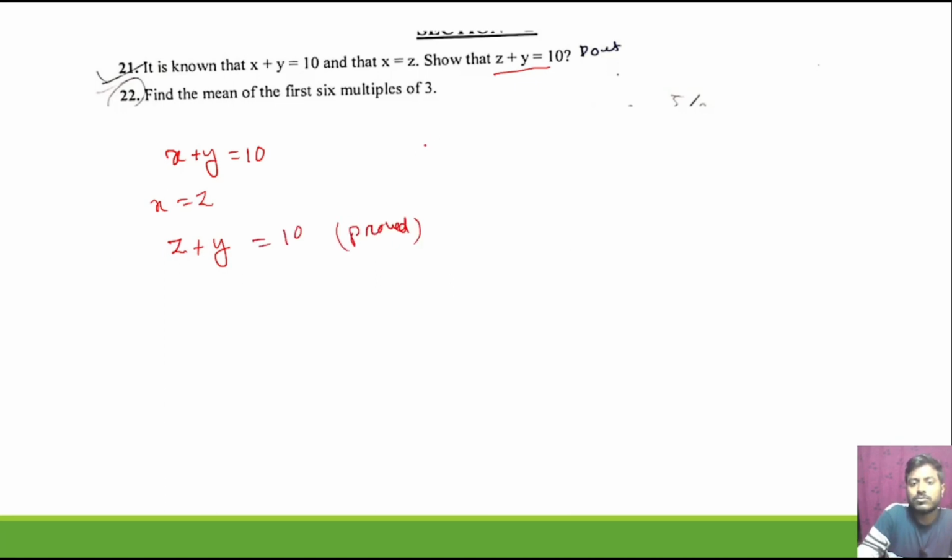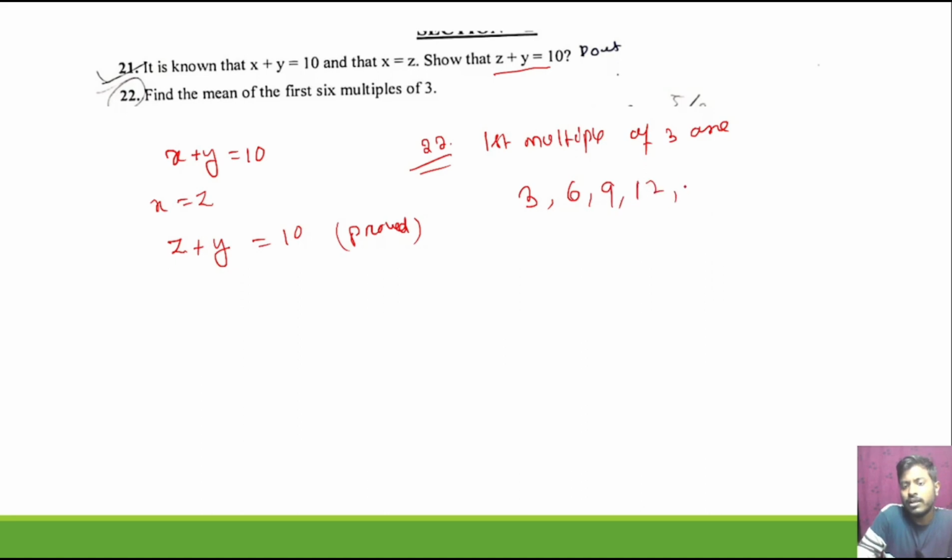Next question number 22. Find the mean of the first 6 multiples of 3. The first multiples of 3 are 3, 6, 9, 12, 15, 18. Mean means the sum of the numbers, that is 3 plus 6 plus 9 plus 12 plus 15 plus 18, divided by 6.